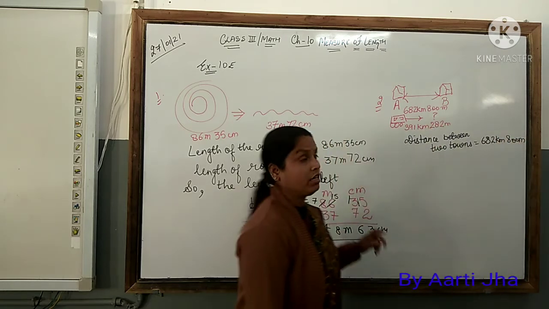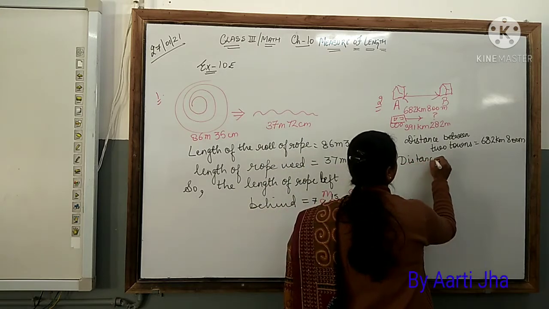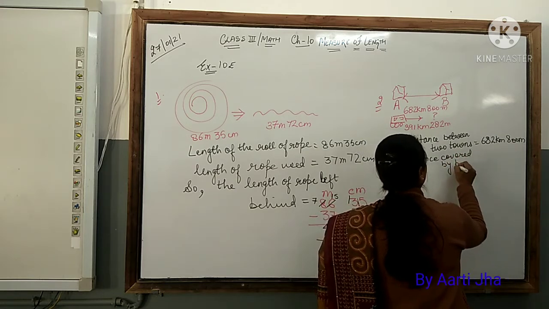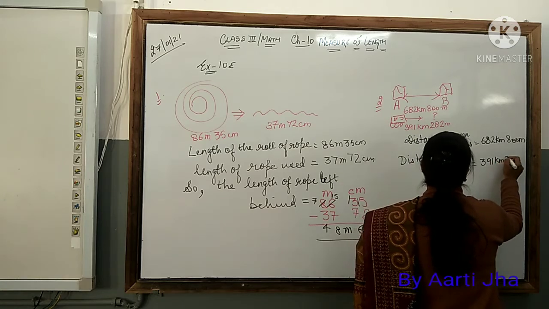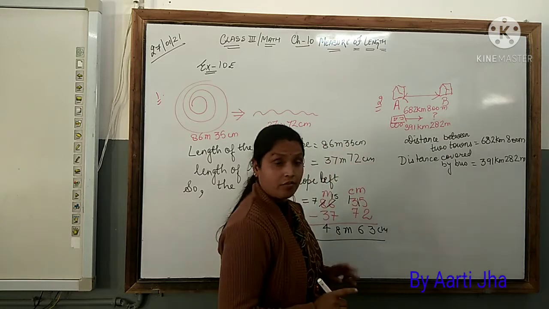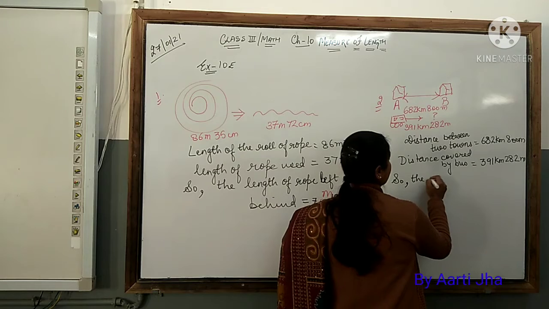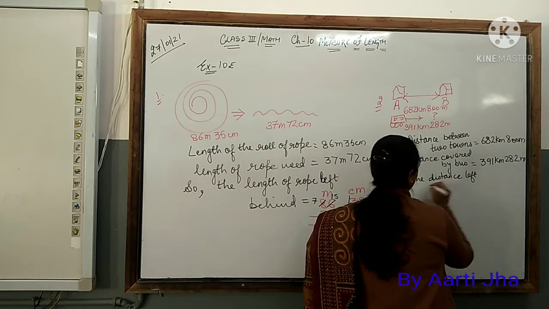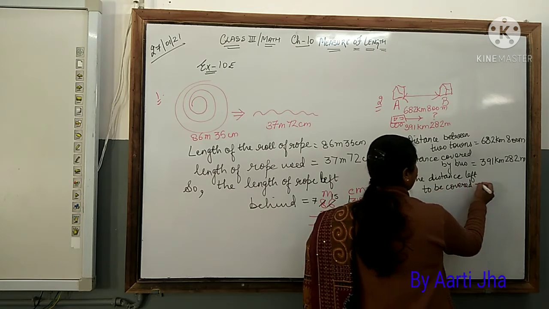Then distance covered by bus. How much is it? 391 kilometer, 282 meter. Then the distance left to be covered. What we will do?